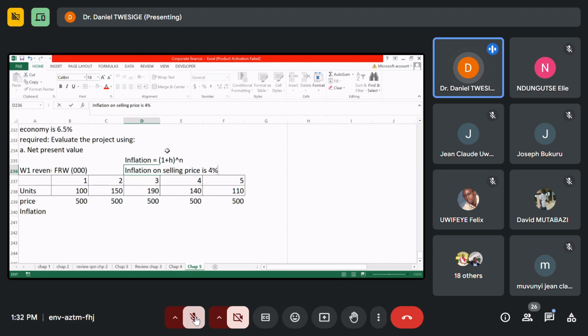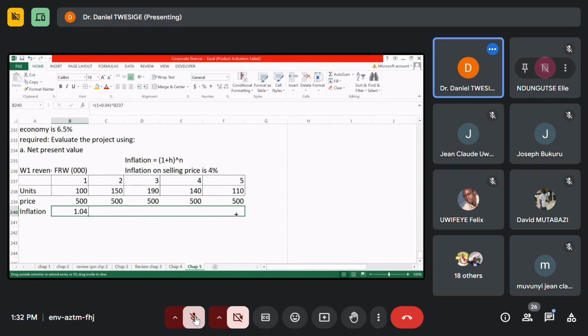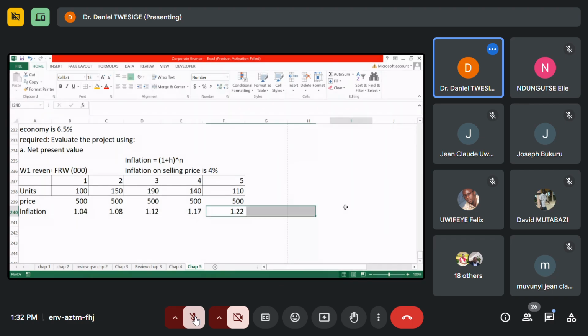That's what you should substitute here. So here I will have 1 plus 0.04, then power this. That's going to be the inflation on my selling price.